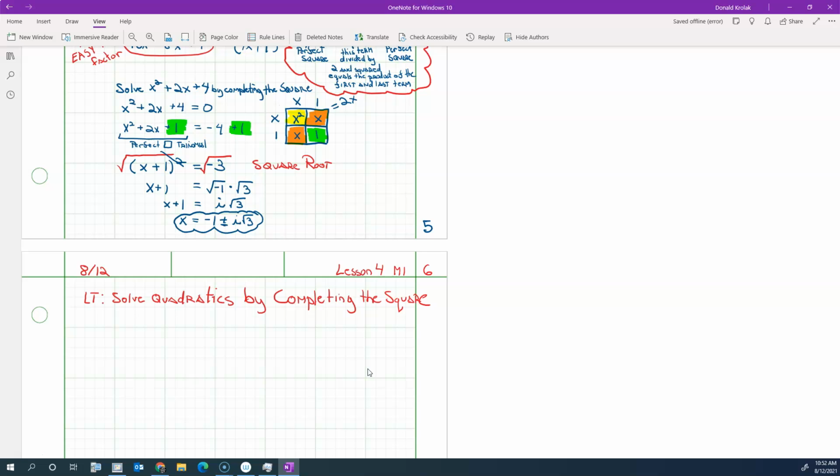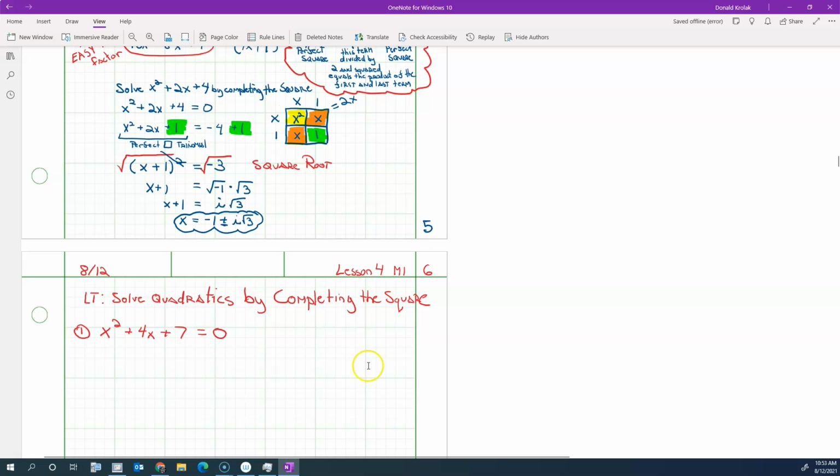Okay, so we're going to do about 3 examples here. So let's see, first one, x squared plus 4x plus 7 equals 0.